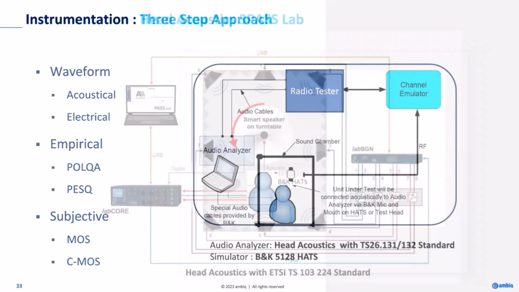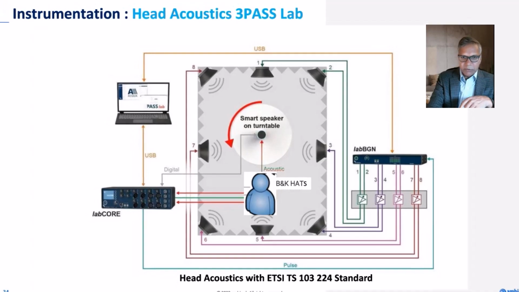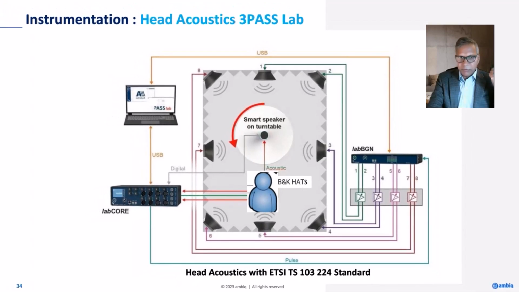For the sound chamber, sorry, there is one more for characterizing background noise. This is a standard everybody uses, specified in ETSI's TS 103 224. That's one standard you will need to follow, and it determines what kind of instrumentation you will need.